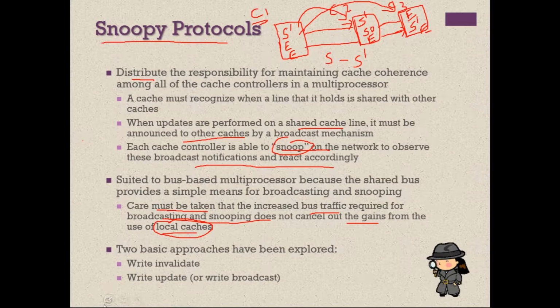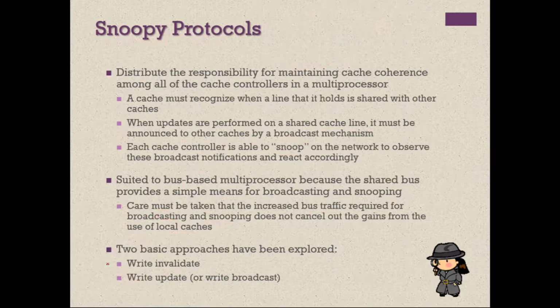Okay, right? So this Snoopy protocol is of two types. One is called write invalidate and the other one is called write update or write broadcast. So what is write invalidate and what is write update? That's what we are going to discuss now.